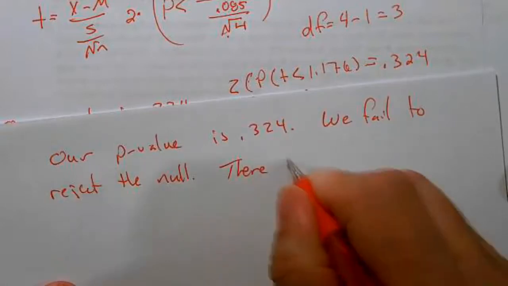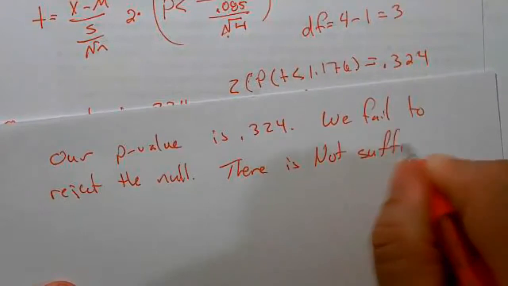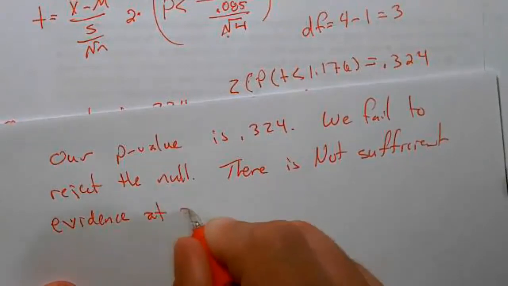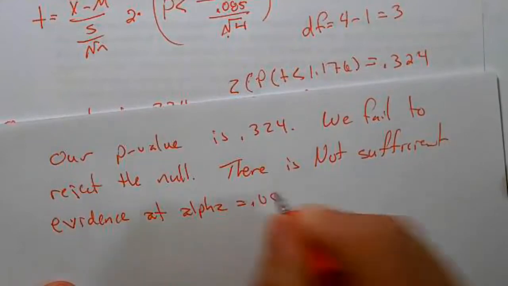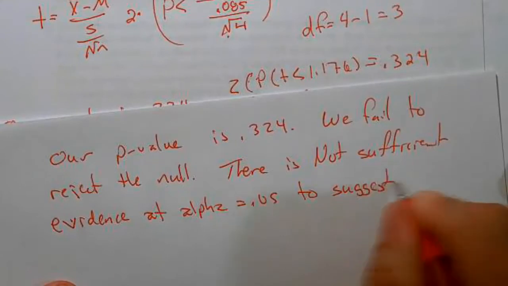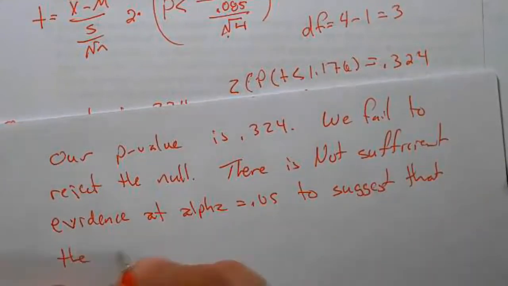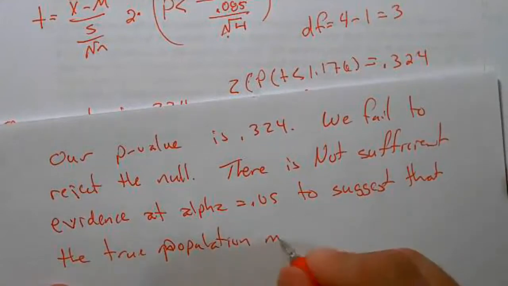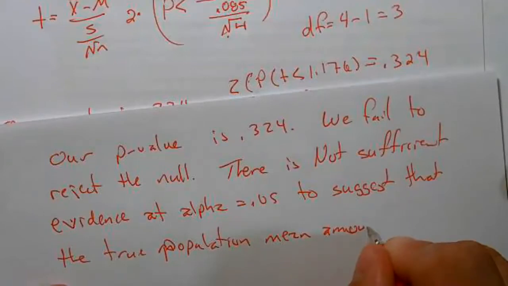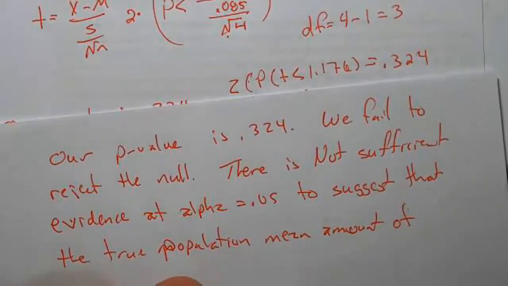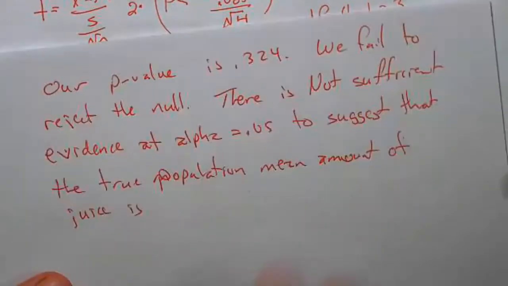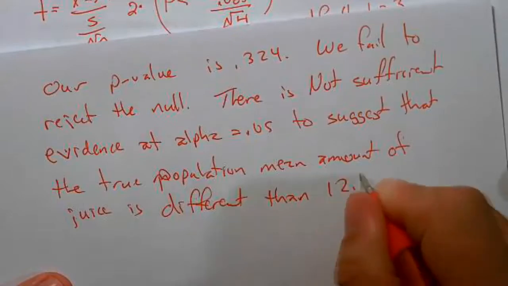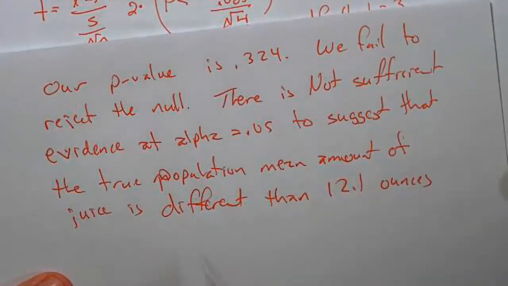There is not sufficient evidence at alpha equal 0.05 to suggest that the true population mean amount of juice is different than 12.1 ounces. Thank you for catching me on that.